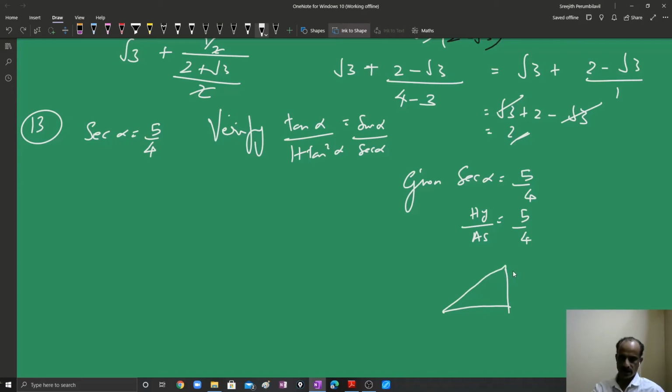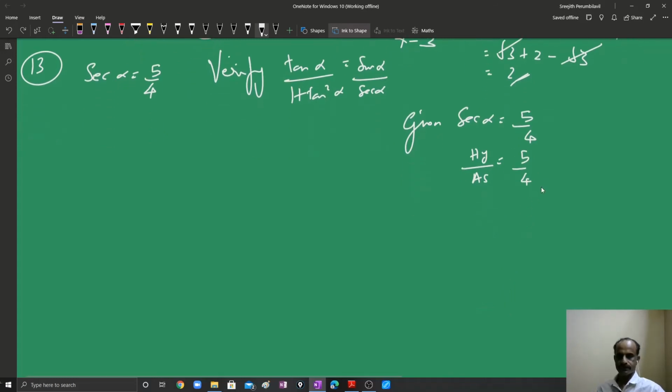Just draw a better triangle. Triangle ABC, with the angle named alpha. The side opposite the right angle is the hypotenuse. Hypotenuse is 5, adjacent side is 4. Obviously, use Pythagoras theorem and you will get 3.